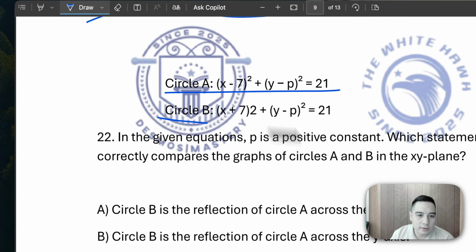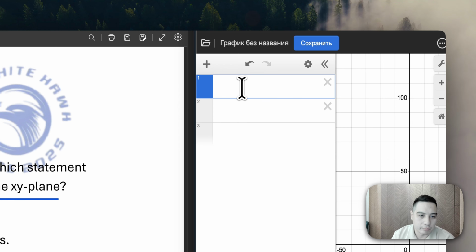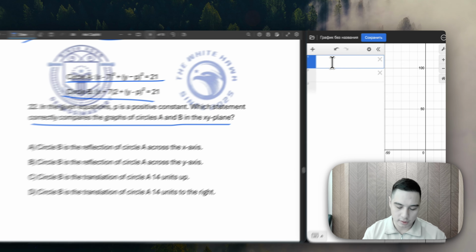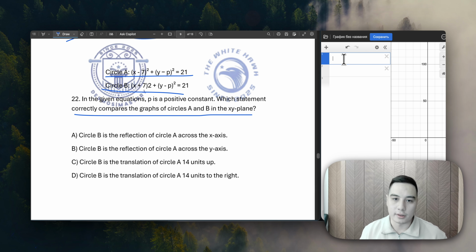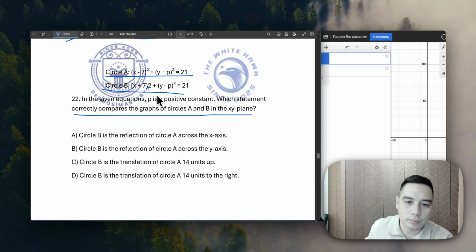So we have circle A, circle B, and the given equation, where P is a positive constant. Which statement correctly compares the graphs of the circles A and B in the xy-plane? Okay, we need to compare. We have circle A, something like this, and maybe here should be the sign of square, and P is a positive one.